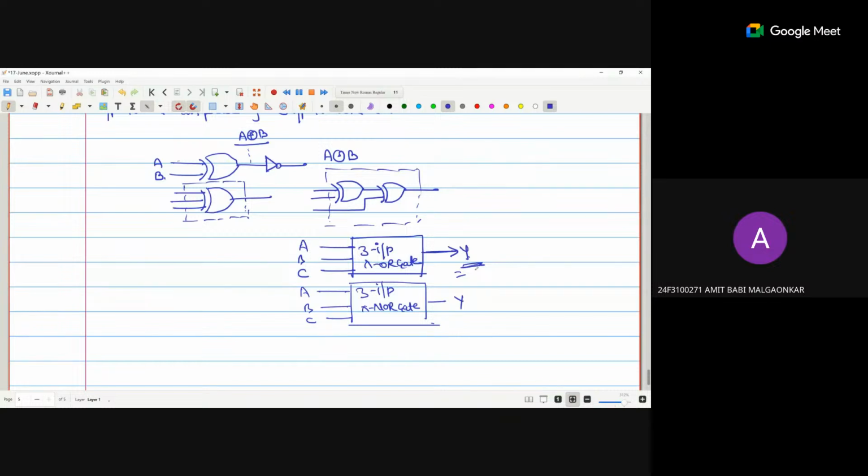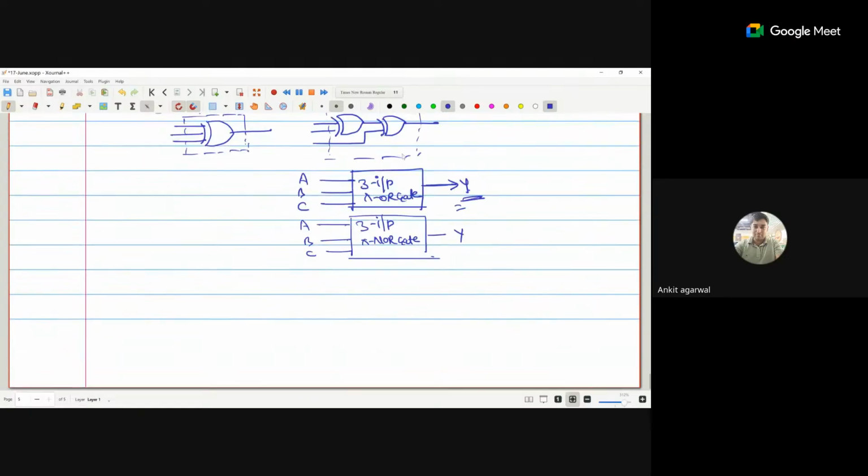But sir, here we are assuming that internally we are using... Generally, the thing is that I told you three things in the starting, that we classify our gates in three categories. One is the basic gates. Second one is the universal gate. And third one is the complex gate.